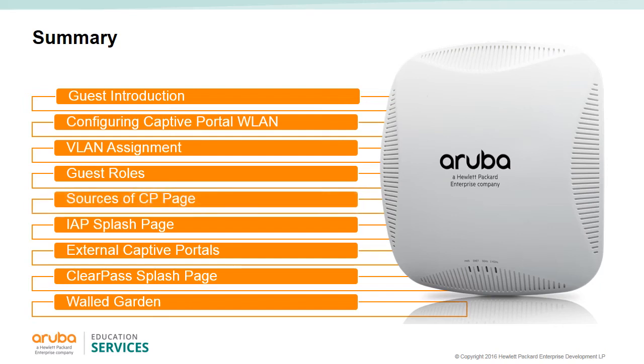We saw the various sources of Captive Portal pages. We also looked at the IAP splash page. We also looked at the external Captive Portal possibilities. And we demonstrated a ClearPass splash page. We also looked at Walled Garden for the blacklist and whitelist sites.